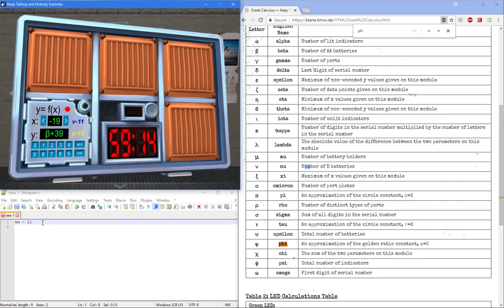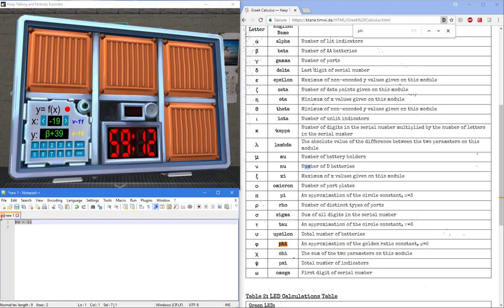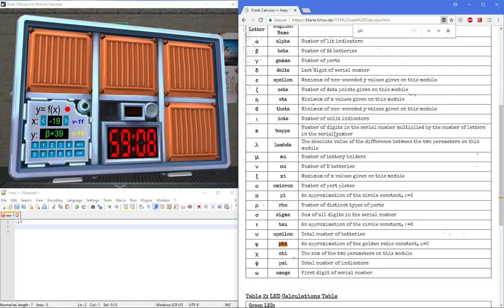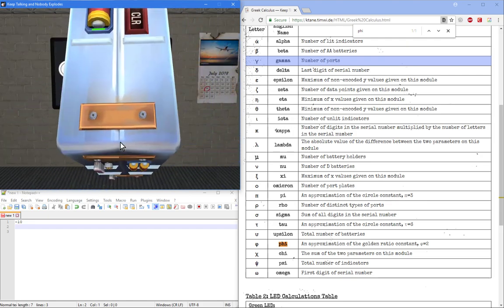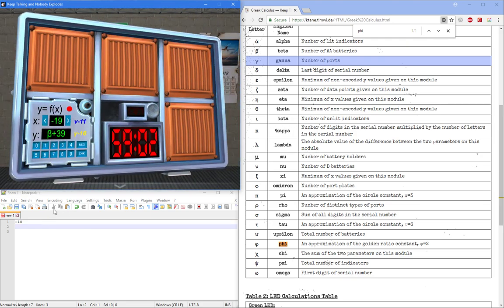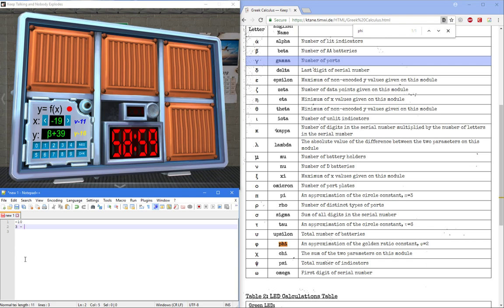So that's going to be 1 minus 11 is going to be negative 10. And gamma minus 16 is number of ports on the bomb. 1, 2, 3. So 3 minus 16 is going to be negative 13.